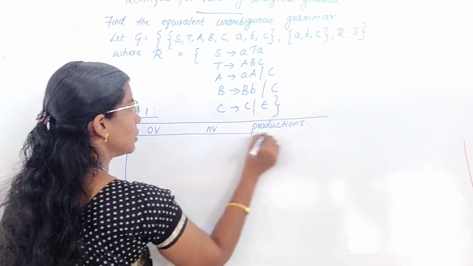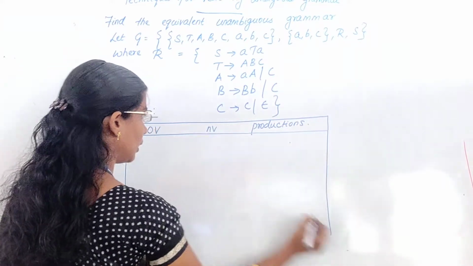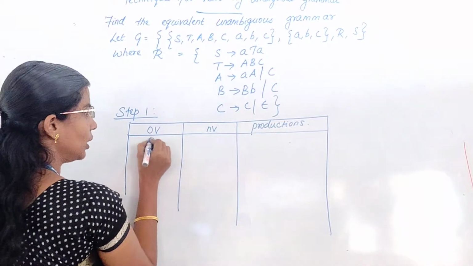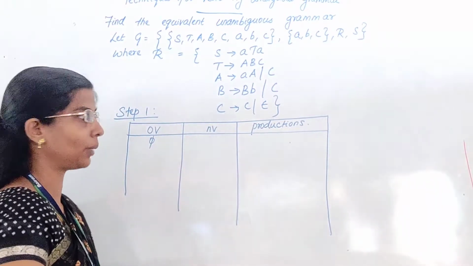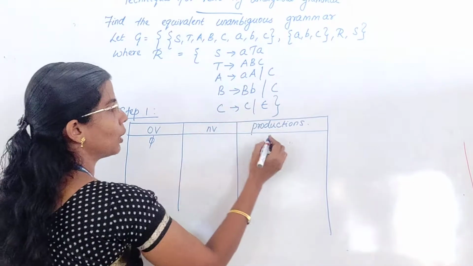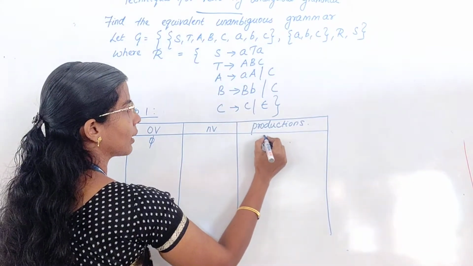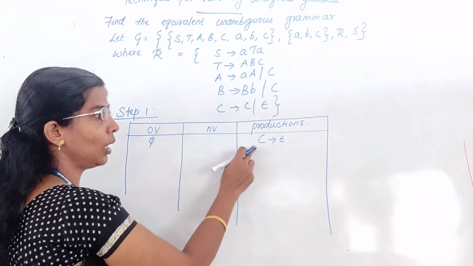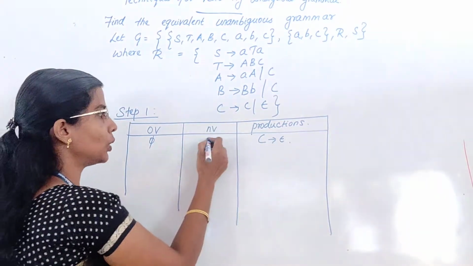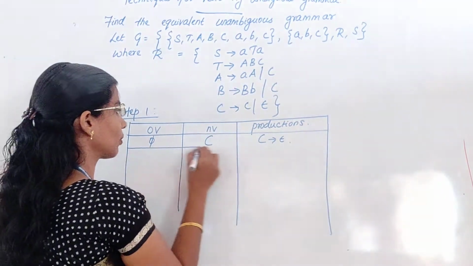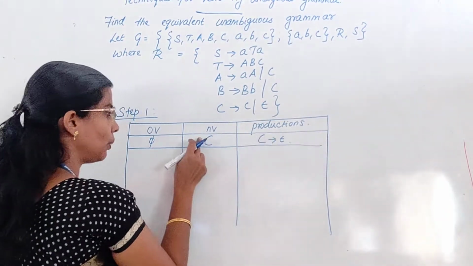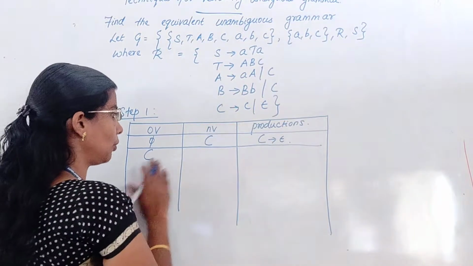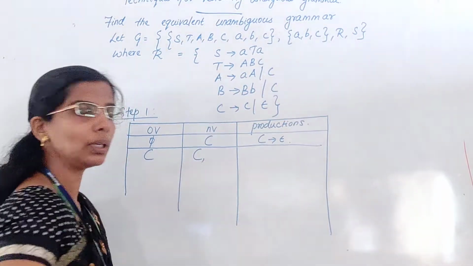Initially this old variable will be S. And I have only one epsilon production, C tends to epsilon. No other production. So copy this variable to new variable, and from new variable I am supposed to copy to old variable.